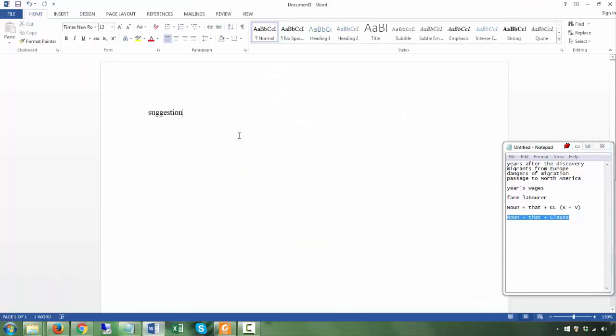So let's look at the word suggestion. You can say, he gave a suggestion, full stop. So you have your subject, your verb, and your object, which is a noun. But you can expand it and use that pattern.